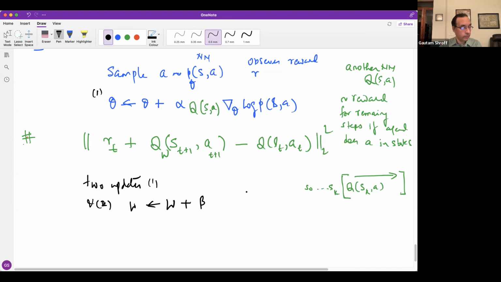Gradient of this guy, right? What is the gradient of this guy? No, it's not plus, it's minus. It's not gradient ascent, right? So it is minus. You're trying to minimize this error, right? So minus gradient of this fellow, let's call it error.